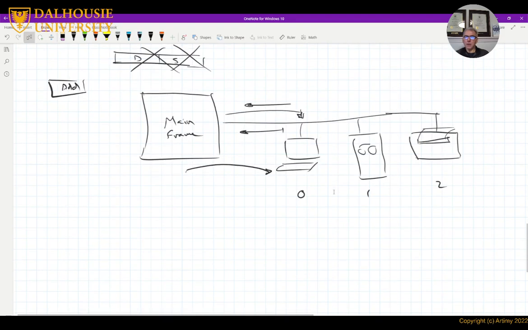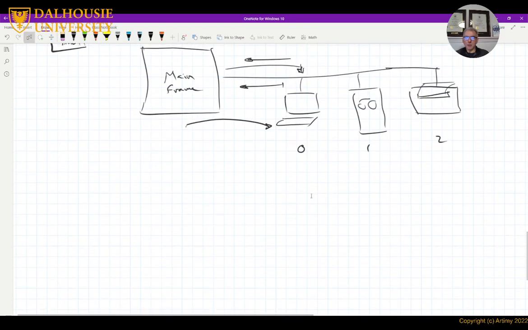Also, in those days, the mainframe is the one that controls the conversation. The mode of communication we call master-slave. None of these peripherals can initiate traffic unless the mainframe asks them to do so, right?